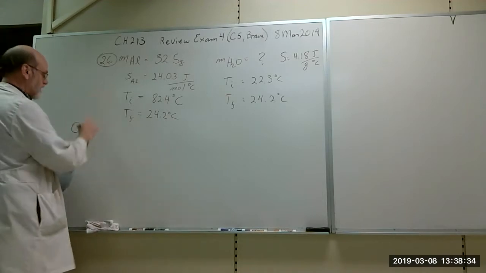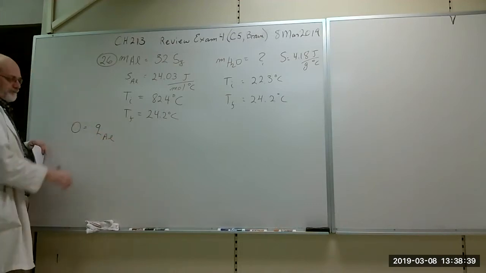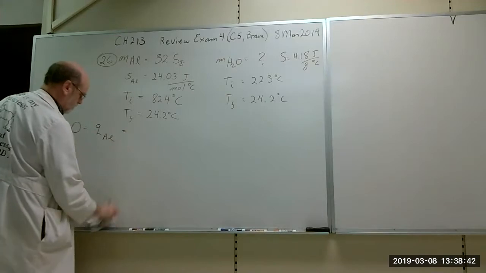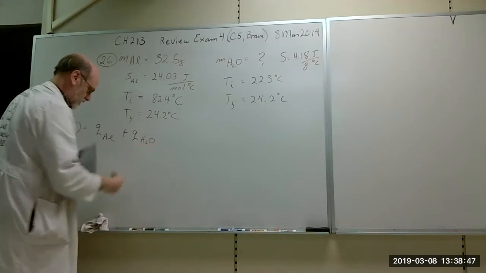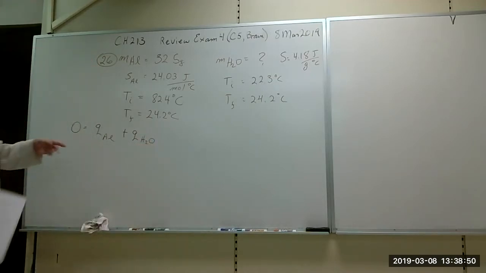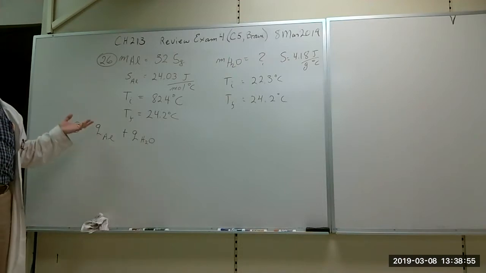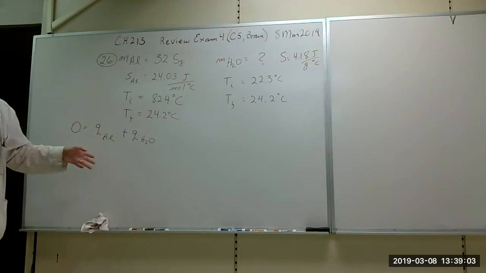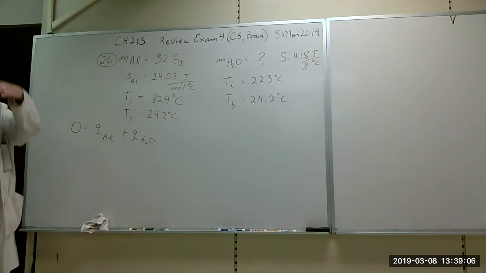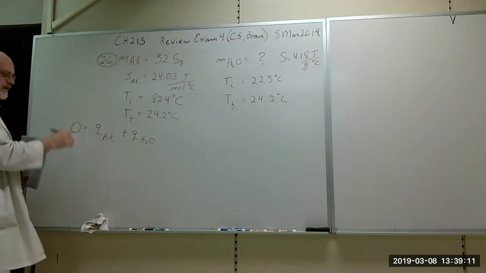Zero equals the change or the heat of the aluminum plus the heat associated with water. Okay? Now, when we write Q here, we're really saying change. Right? We don't write delta Q. Q means change in energy. Because you can't measure absolute energy unless you can compare it to absolute zero. Right? So we have to measure a change between some fixed points. So that's what Q means.